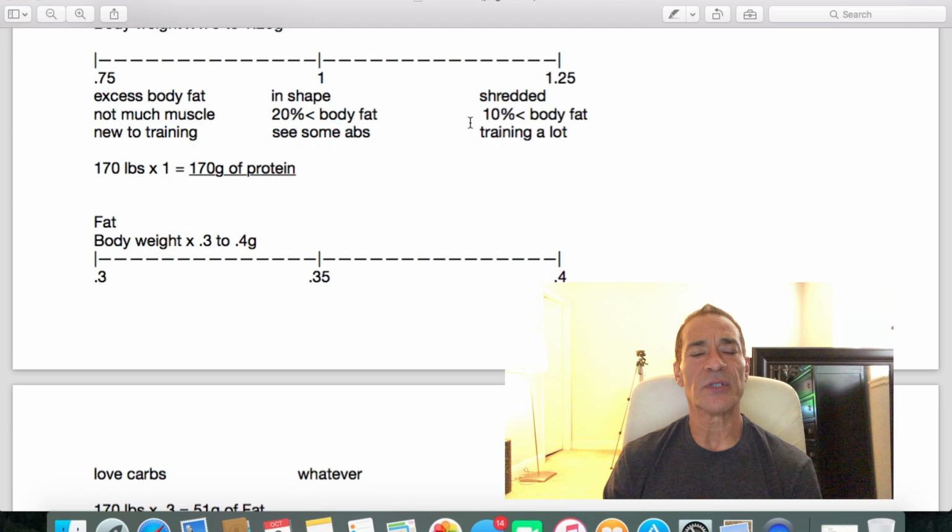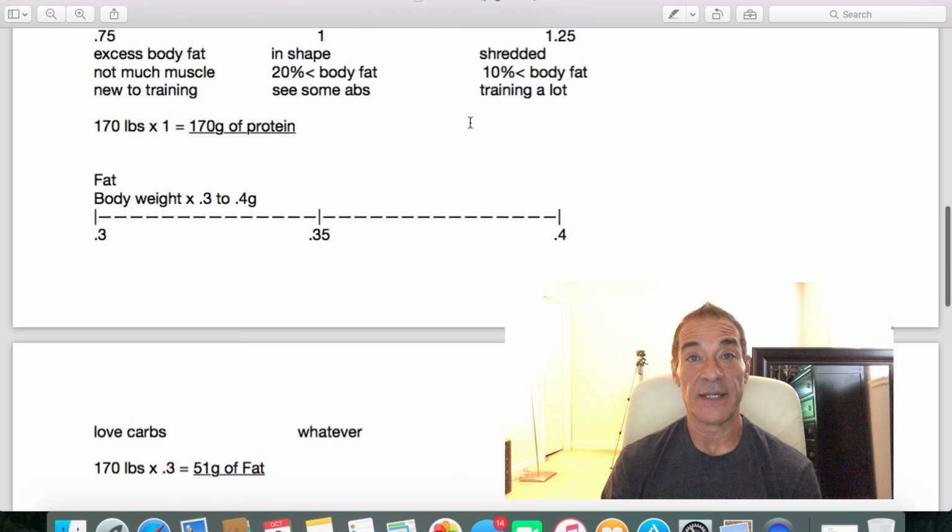Now, for somebody who's relatively in shape and maybe is 20% or less in body fat, where you can see a little bit of your abs, then you would use 1 as a factor. And if you're just shredded and your body fat percentage is 10% or lower and you're training a lot, then you would use a factor of 1.25 for your protein.